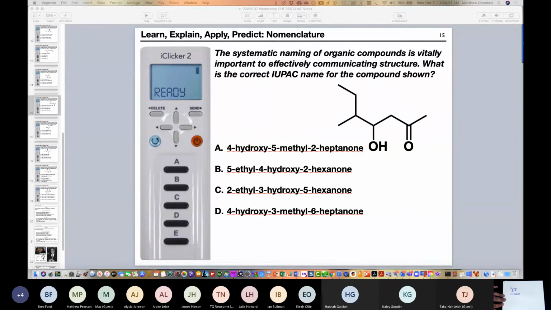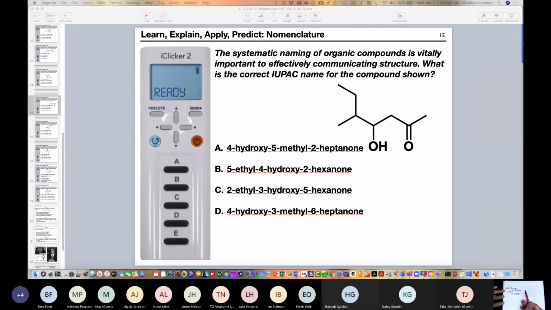So we have a ketone. What else do we have? Alcohol. The other thing off the main chain is a methyl.